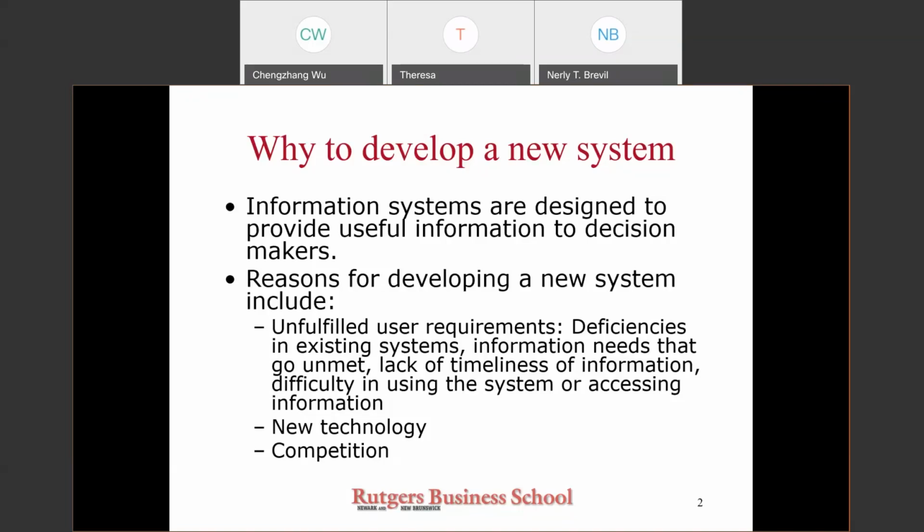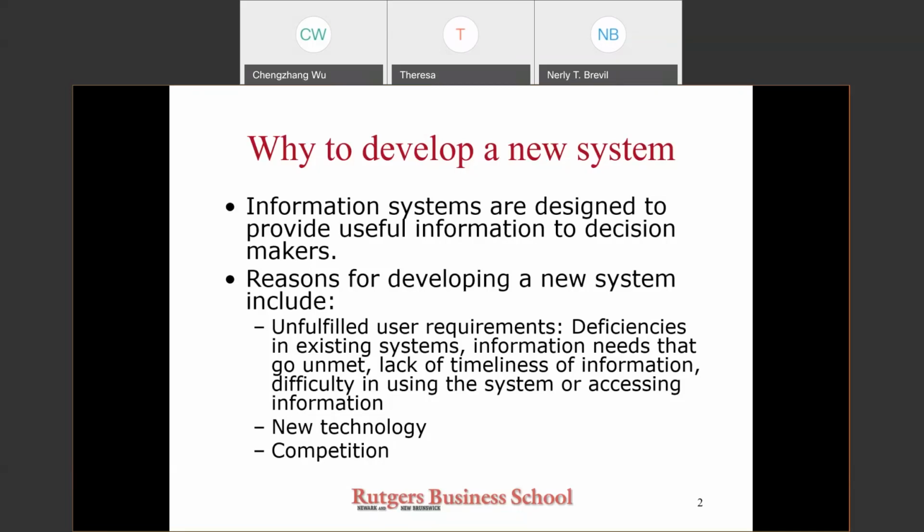Changes in a competitive, legal, or regulatory environment are examples of factors that can cause user needs to change. In addition to users, information systems professionals, accountants, and perhaps even customers or suppliers can be behind the development of a new information system.